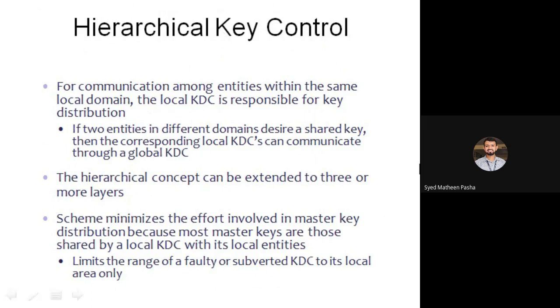For communication among entities within the same local domain, the local KDC is responsible for key distribution. As we all know, with respect to key distribution centers, whatever functionality happens there is all dependent on the KDC, that is your key distribution center. What does this statement tell you? Whatever working happens between initiator A and responder B, the KDC in between is responsible.